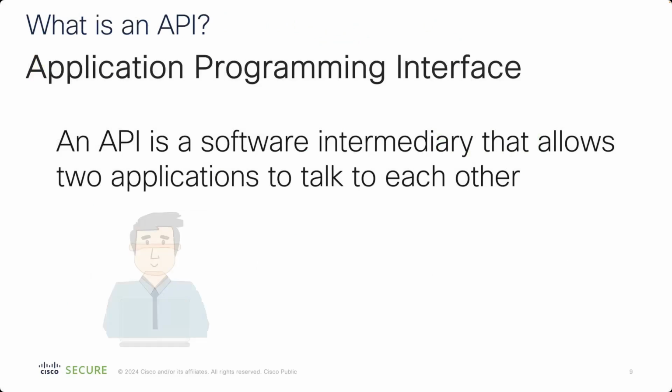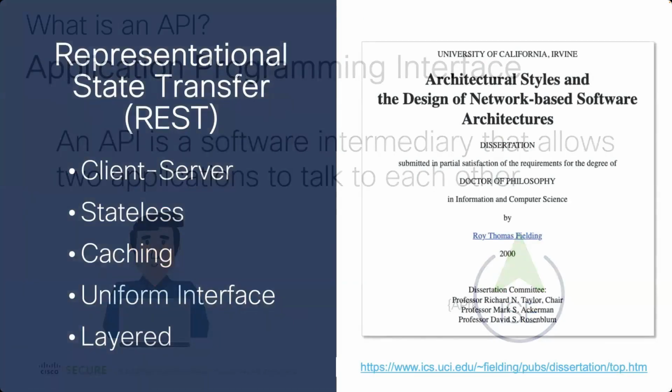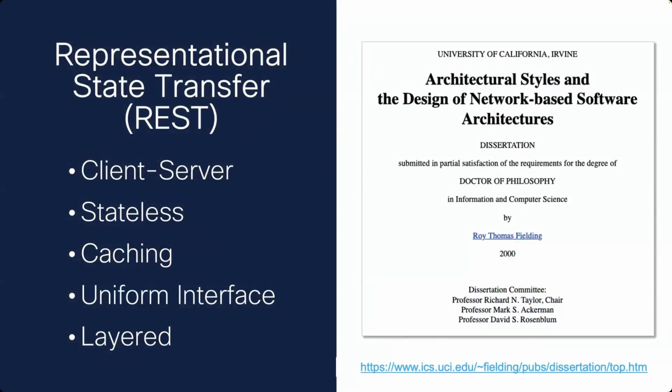An API is a piece of software that you use to send information, in this case code, to ISE to effect a change, whether you want to create, update, or delete anything within ISE. You send that through an API programmatically. The APIs that we use in ISE are REST APIs, which means that they are stateless.